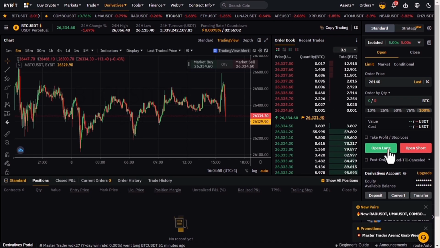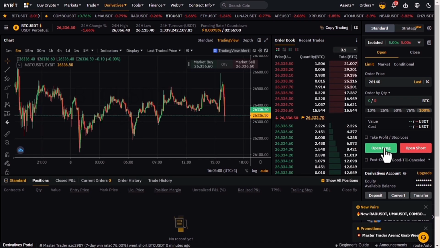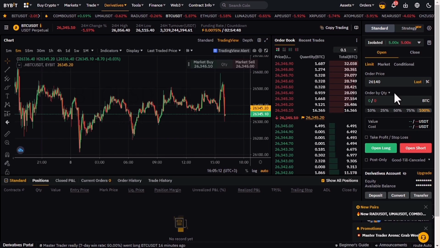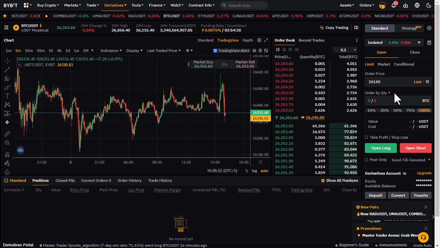And whenever the price reaches that certain point, it's going to enter the trade for you automatically. So you don't need to be at the chart. This is good for people who don't have much time sitting at the table, or they are busy doing other stuff, and they also want to pay less fees.